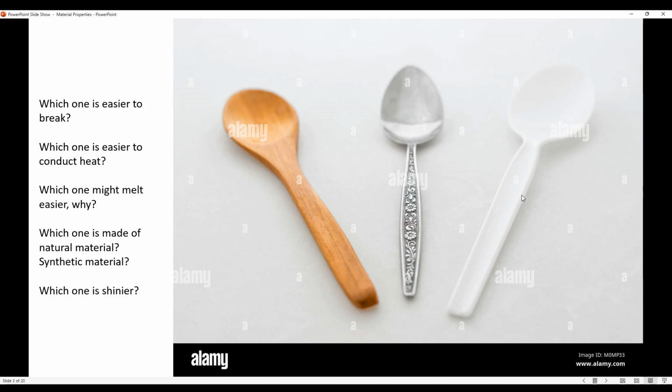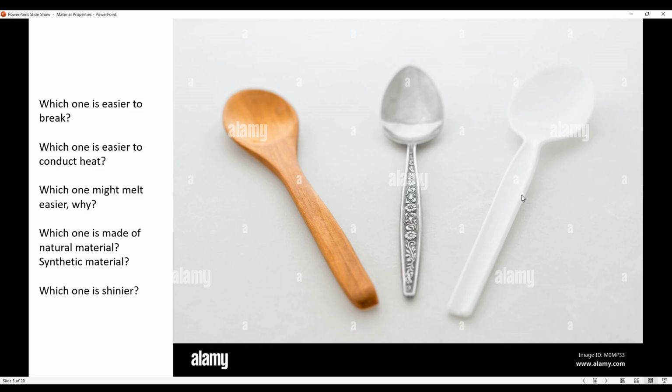Which spoon is made of natural material and which spoon is made of synthetic material? That's correct. The wooden spoon and the metal spoon are made of natural materials. And the plastic spoon is made of synthetic material, which is plastic.